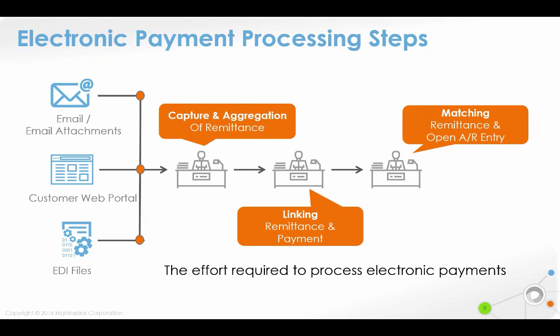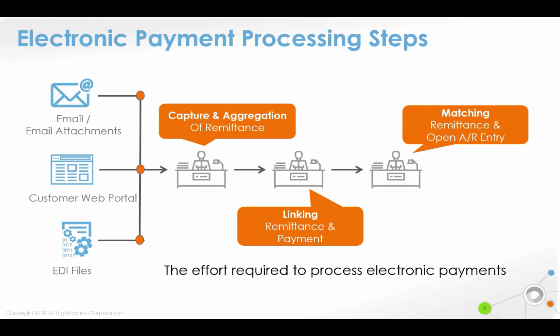So when we look at what happens in the electronic payment processing, we can break this down into three main steps that the cash application team has to go through. So the first we have is that you need to capture and you need to collect all the remittance. So all that electronic remittance, wherever it's coming in from, has to be captured.